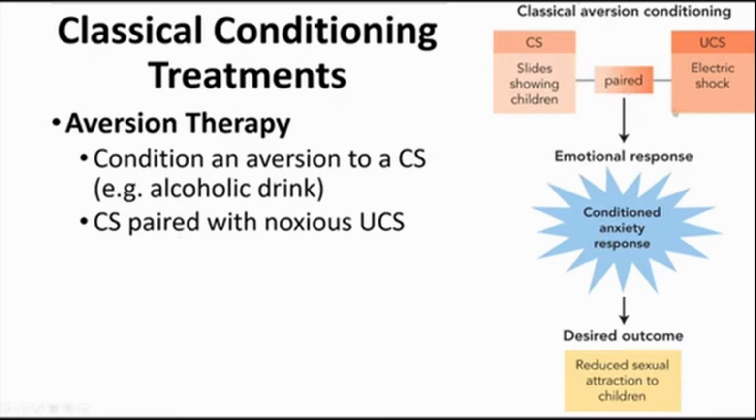If you pair it with something that tastes bad or smells bad, this noxious unconditioned stimulus, so maybe you put a really gross essential oil in their alcohol, so every time they drink, they associate it with something that tastes awful or smells awful, then you can cause them to have that sort of disgusted response to the conditioned stimulus, to the alcohol.